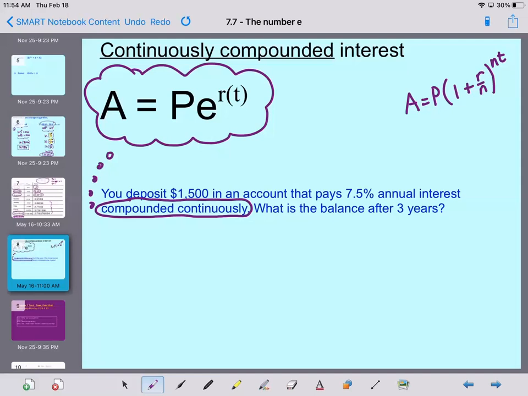So go ahead and substitute these numbers in. You've got your P, your R, and your T. Plug them in.